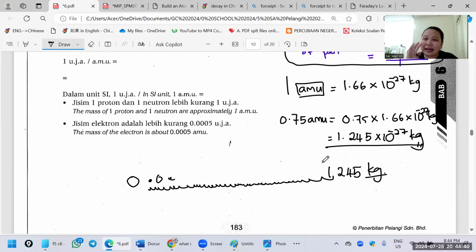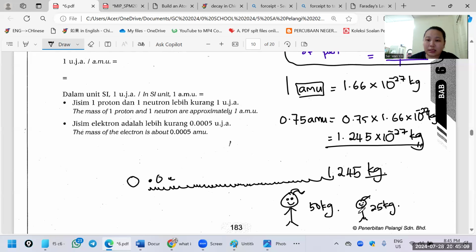Okay, so for example, let's say this is me. I'm 50 kg. Now my niece is 25 kg.